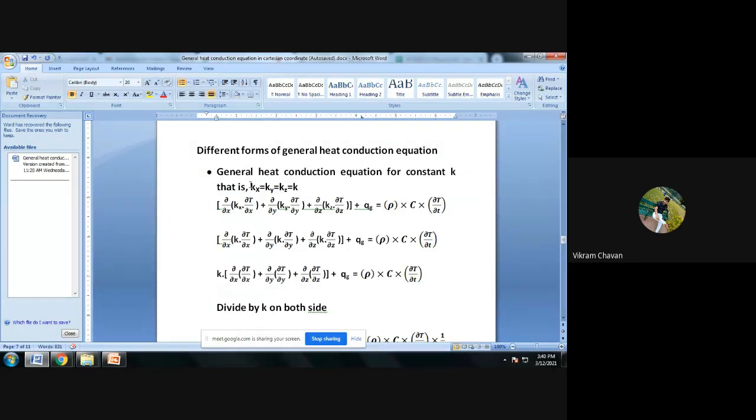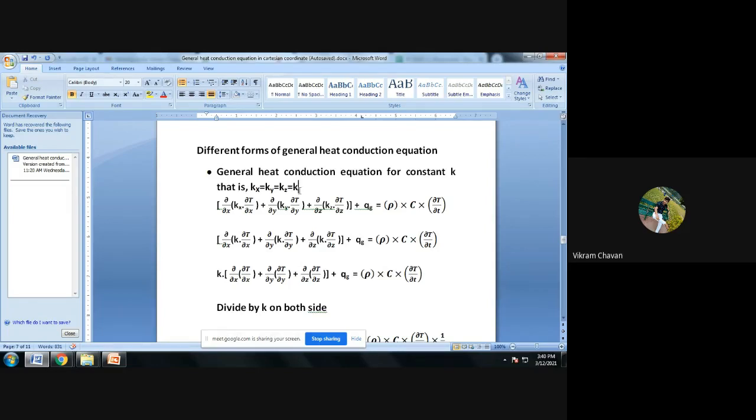So if the material is isotropic and K is constant throughout, then K suffix X is equal to K suffix Y is equal to K suffix Z is equal to K. So we are considering that K is constant.